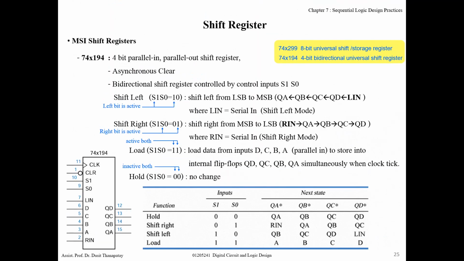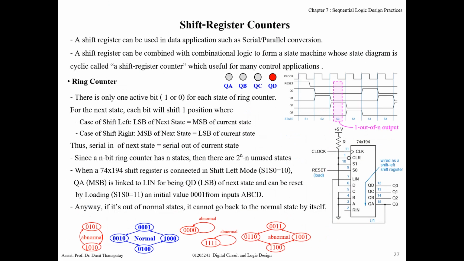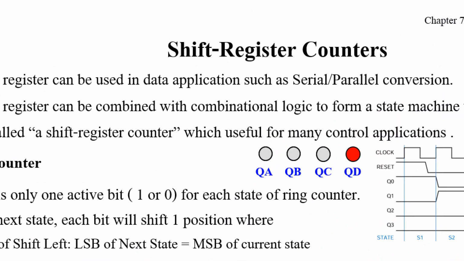Now let's see an example. For the example, we use the register chip to implement a counter circuit. Counter circuit, do you remember? A counter circuit is a circuit with a state machine with a single cycle like this.